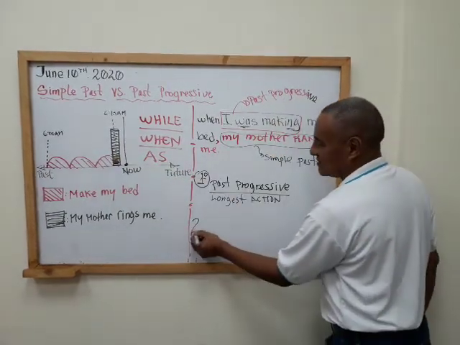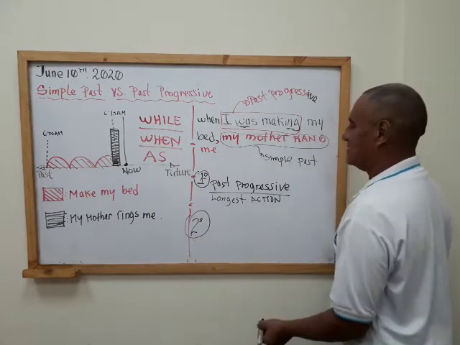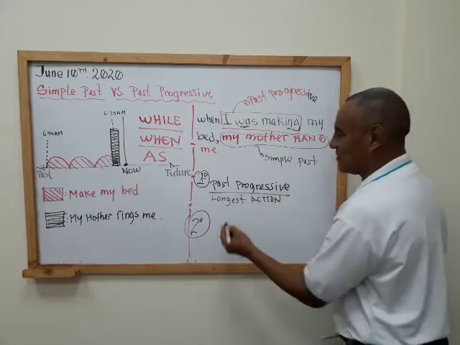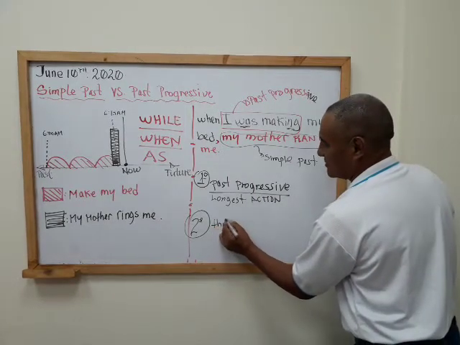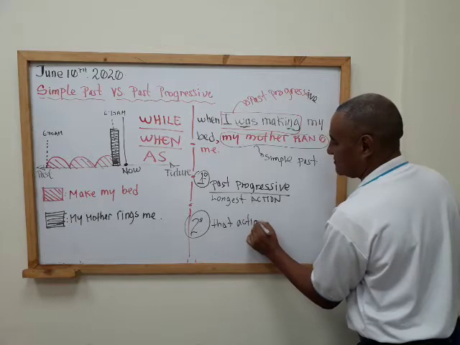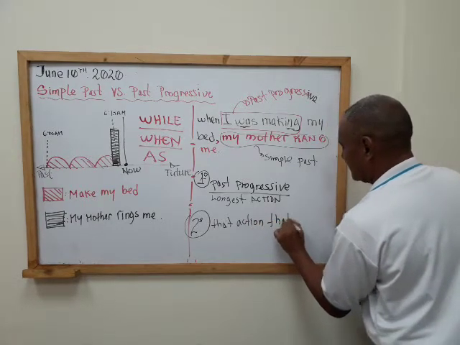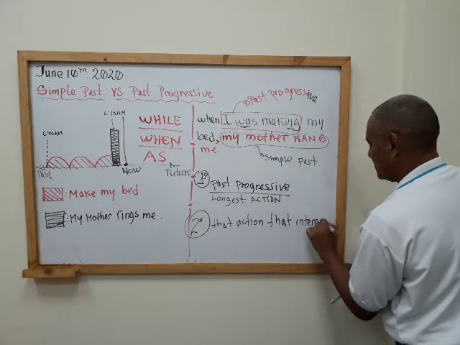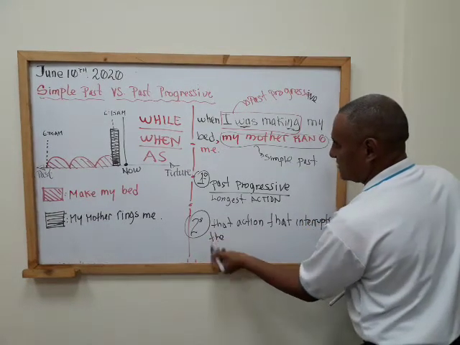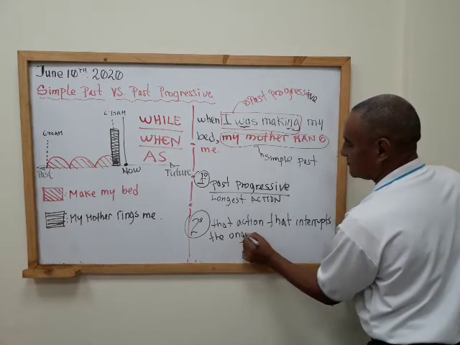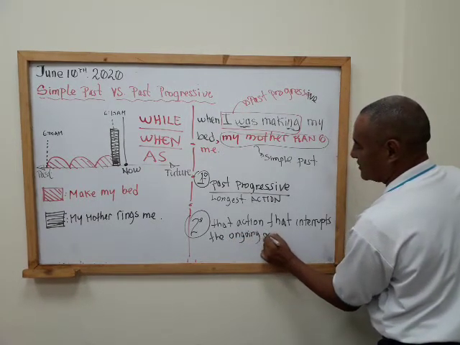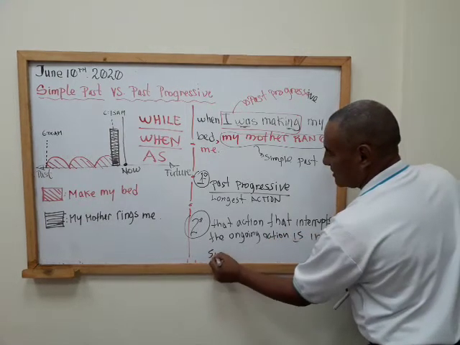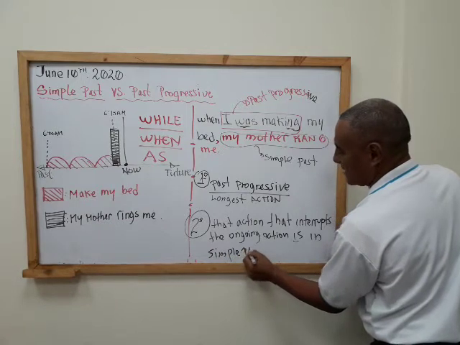And second, the other thing, the activity that interrupts, so the action that interrupts the ongoing action is in simple past.